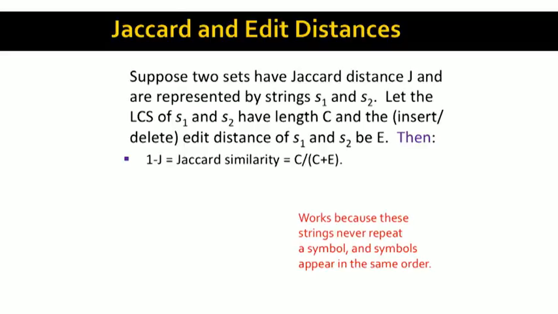Thus, the only LCS for S1 and S2 is their entire list of common symbols. And finally, we can reorganize the equation above that 1 minus J equals C over C plus E to get J, the Jaccard distance of sets, is E over C plus E.